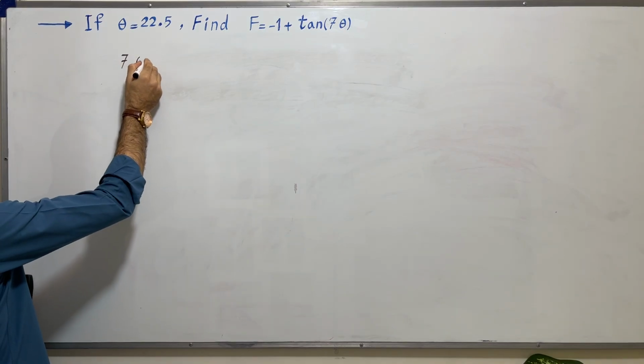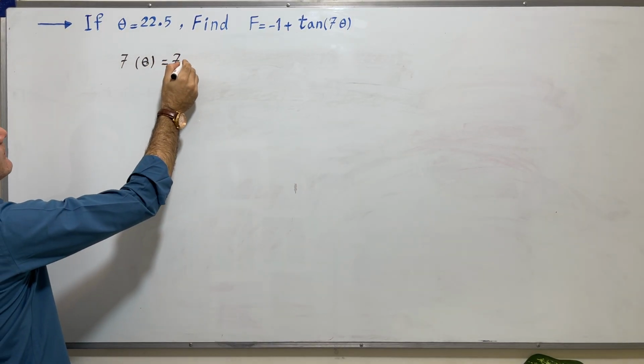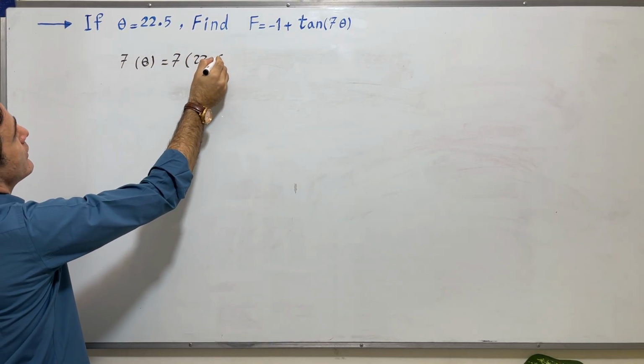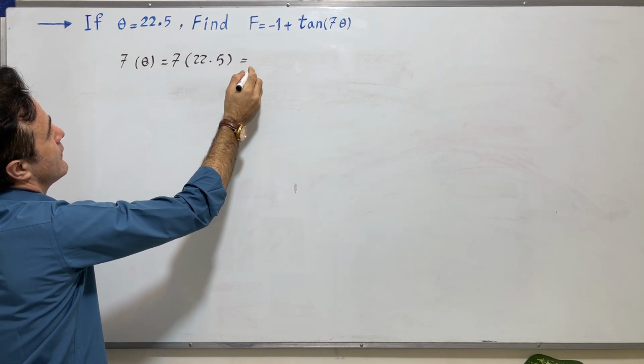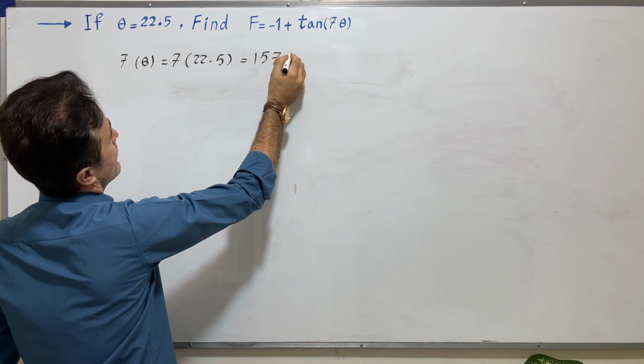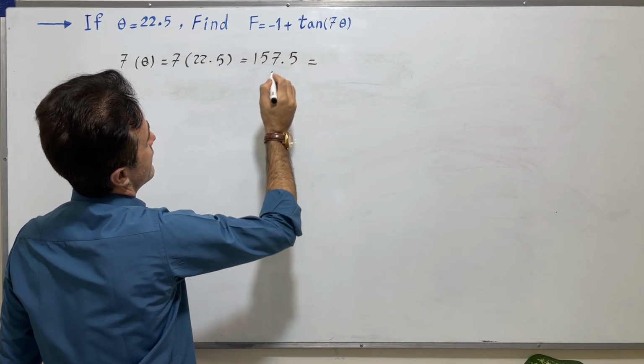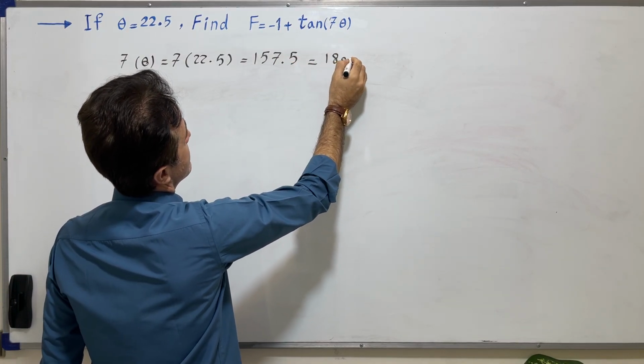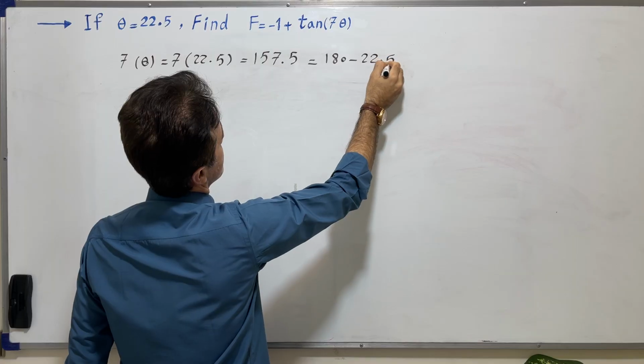7 times theta equals 7 times 22.5 equals 157.5, which can be written as 180 minus 22.5.